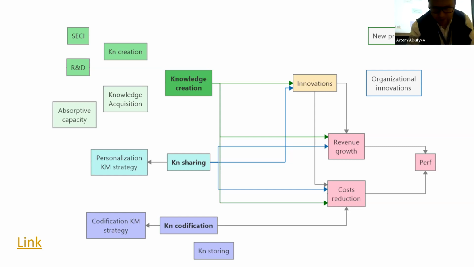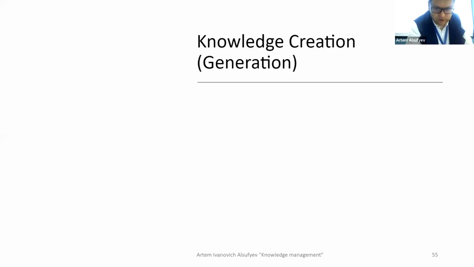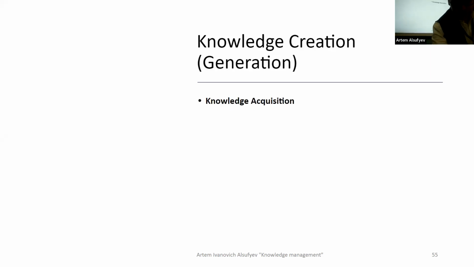For the SECI model, there is some specificity that we are going to discuss, but up to now, in general about knowledge creation, let's sum up everything possible. Knowledge acquisition: to buy a firm, and it is stated in the paper, why buying a firm is new knowledge for us. In what way? How so?